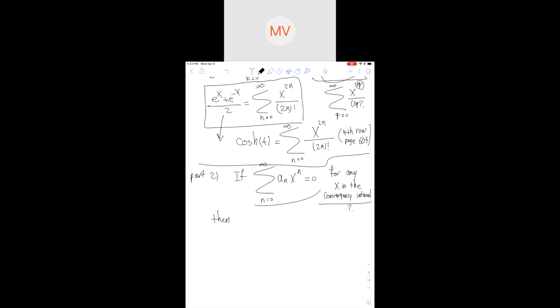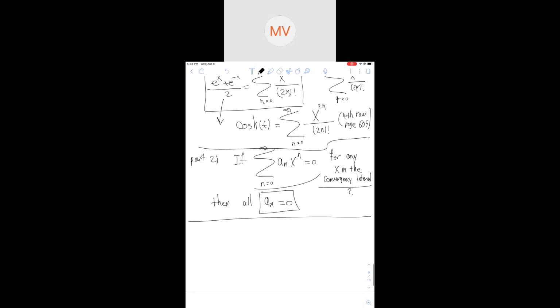Is the infinite sum 0? This is only possible if all the a sub n have to be 0. I mean, this is a very trivial fact, and you might feel like this is not even worth mentioning, but believe me, it does.